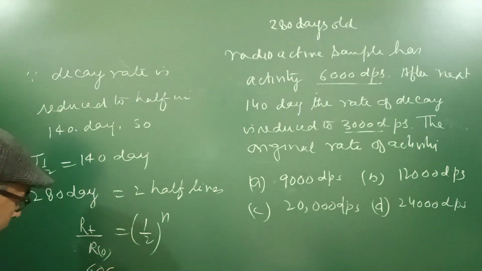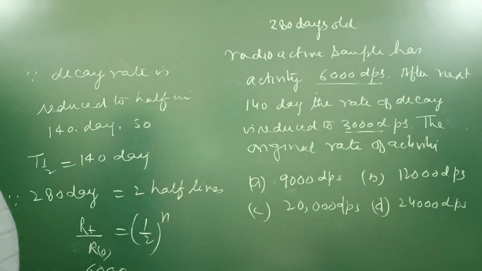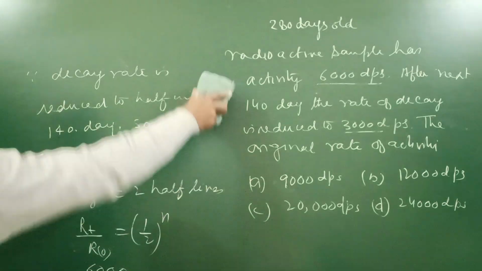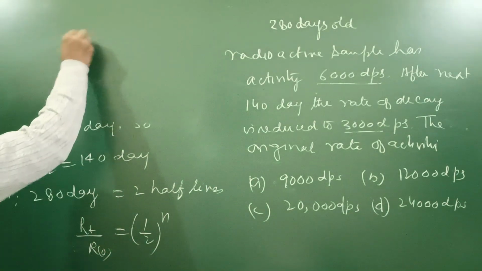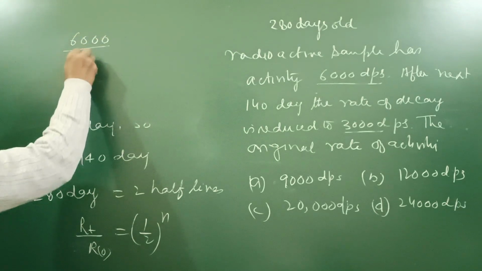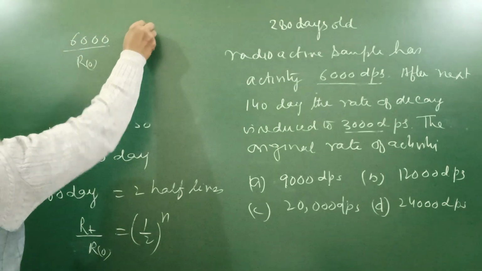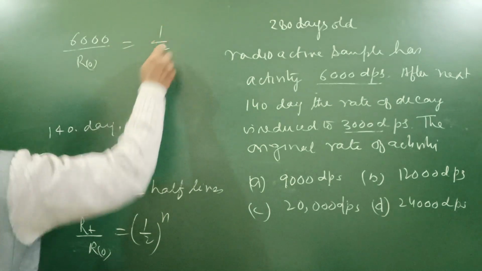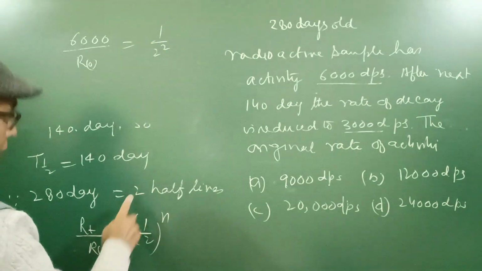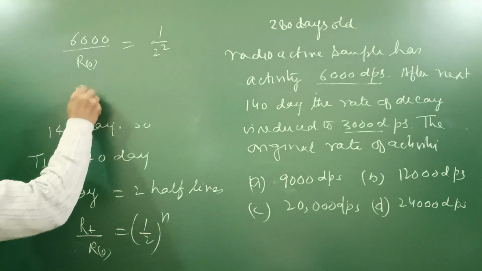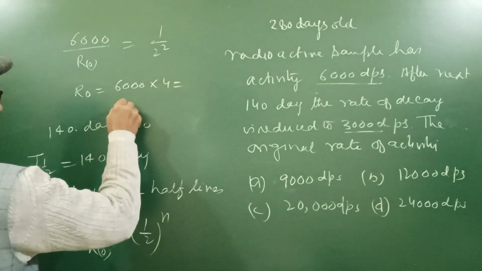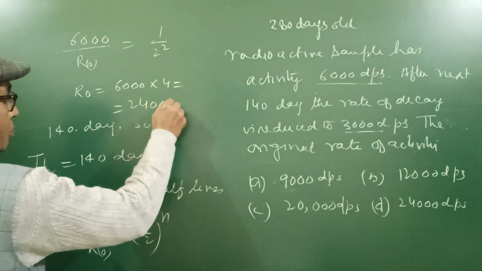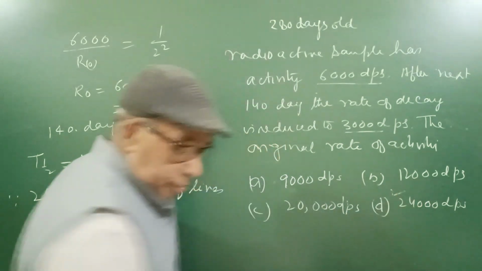R_t is 6000, R_0 you need to find out, with n equal to 2 here. So R_0 comes 6000 into 4, so it is 24,000. D option is correct.